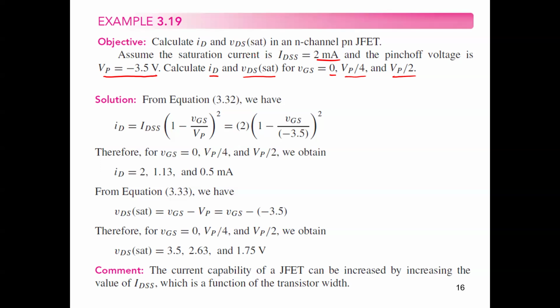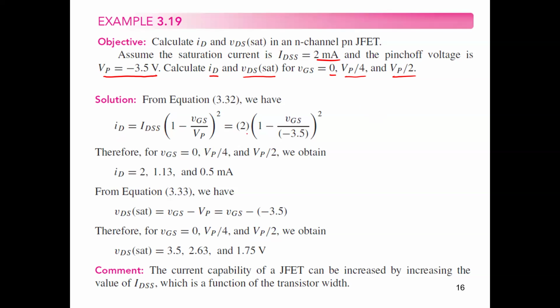In the linear region, you have just one relation, which is V equals R times I. We don't have VDS, we don't have ID, and we don't have the value of R. So the only way to solve and get the value of ID and VDS here is to assume that it's working in the saturation region. Okay, so assuming that for the saturation region, the relation is ID equals IDSS times (1 minus VGS over VP).